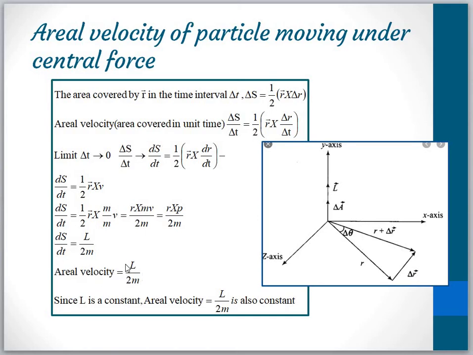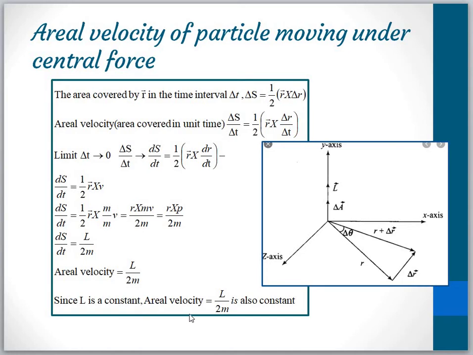We already discussed that angular momentum is conserved under central force. So L is conserved under central force, and m is the mass of the particle, which is a constant. So L by 2m is a constant. So that means the areal velocity of a particle which is moving under central force is always a constant.